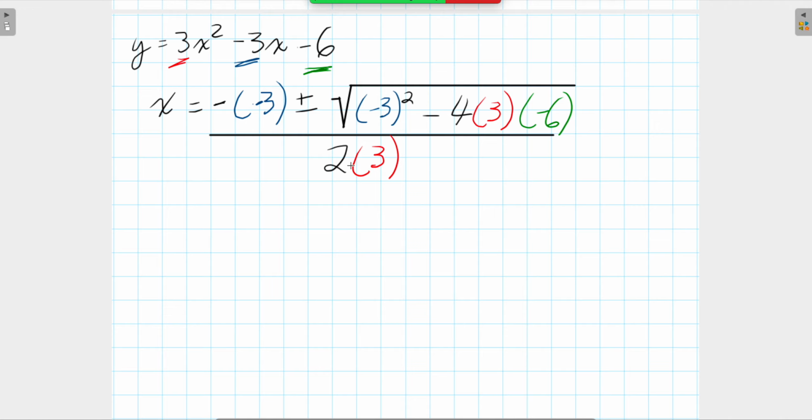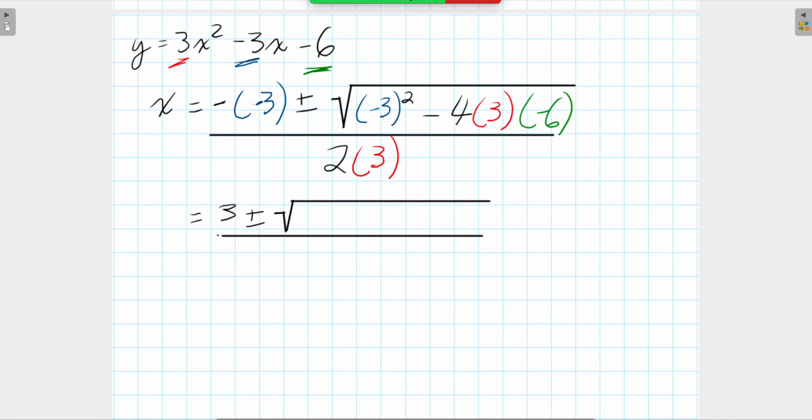The next part here is just understanding BEDMAS, the order of operations, making sure you can carry those out, and you should be able to do this. Think of this like -1 times -3, so you get +3. So you have +3 plus or minus, again, we still have that square root. Okay.